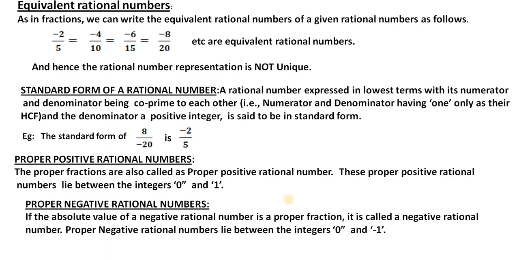So the magnitude is a proper fraction, and you say it is a negative rational number. Proper negative rational numbers lie between 0 and minus 1, on the left side of 0 on the number line. All proper positive numbers lie on the right side of 0 on the number line, between 0 and positive 1.